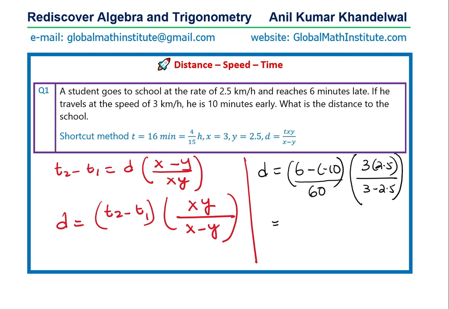So we should get distance, which is 16 over 60 times 3 times 2.5, which is 7.5, over 0.5. Which you can simplify to 75 over 5. You can cancel this. 15 times 4 is 60, and 4 times 4 is 16. So we get the answer as 4 kilometers.